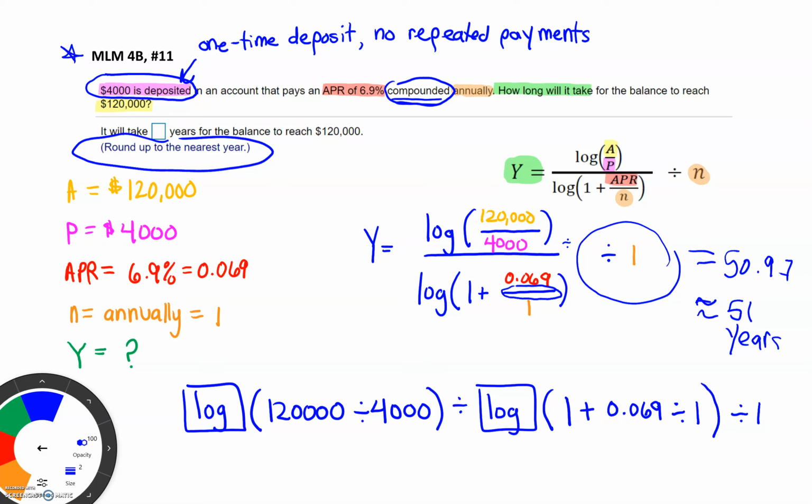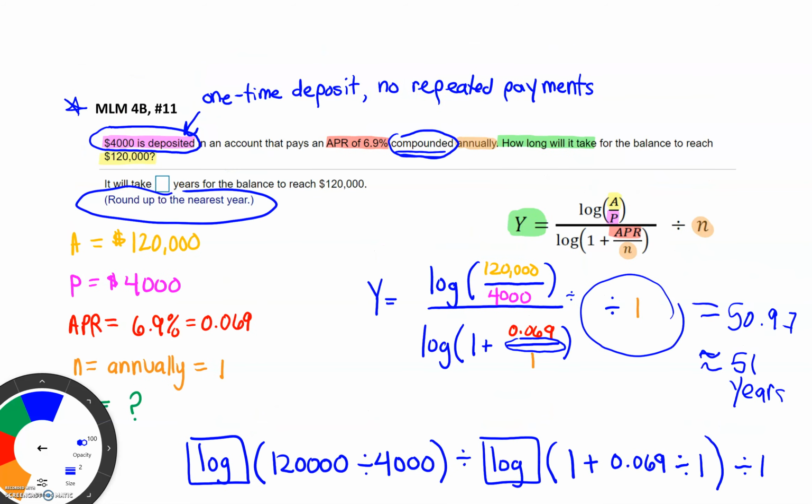Only $4,000 out of my pocket and 51 years of my time. And then the interest did all the other work for me. And I end up with $120,000. So if you typed that expression into your calculator and did not get 50.97, come see me in office hours and we can take a look at your calculator.